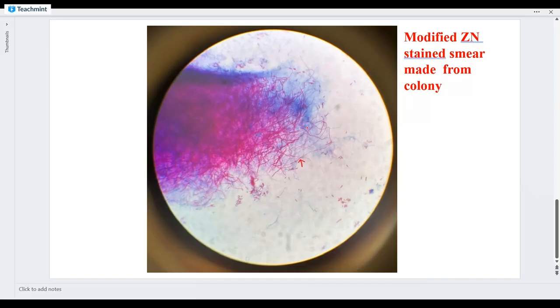The sample was taken from a patient suffering from HIV, that is, an immunocompromised patient. Those patients have a weakened immune system due to different conditions, and they may get this type of infection. So this is how we can identify the Nocardia species.